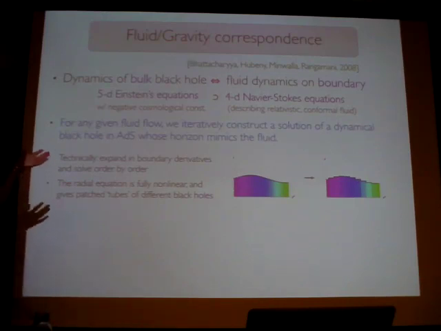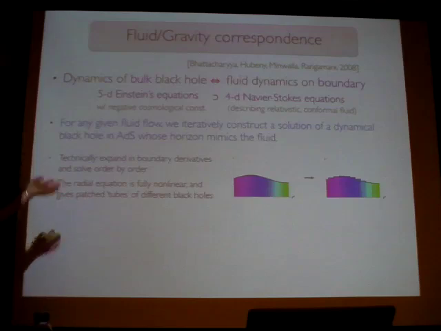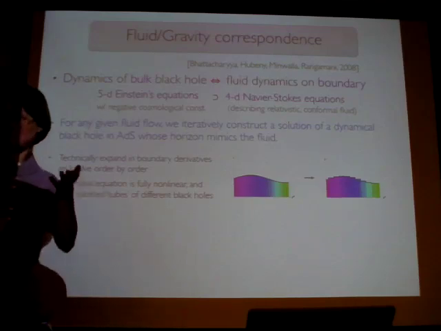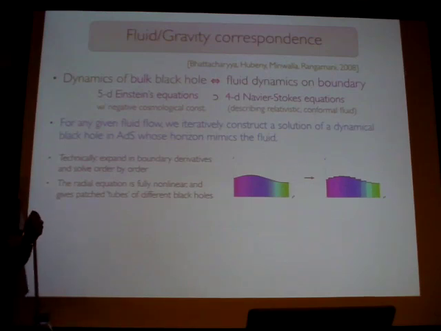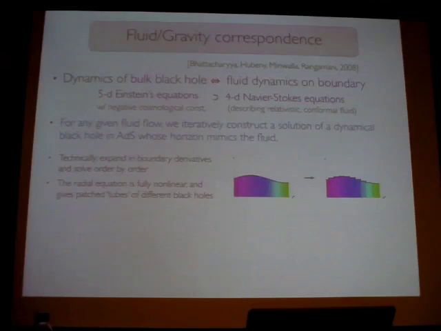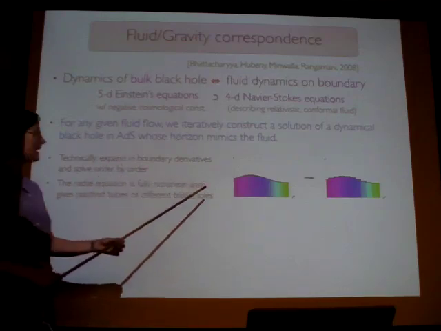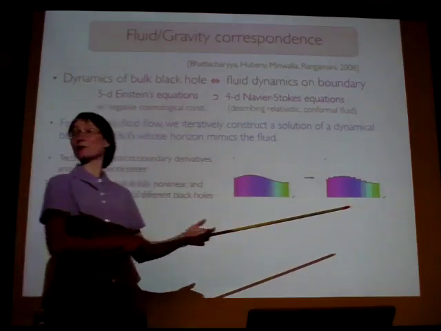So what's amazing is that we can actually get an approximate solution to arbitrary accuracy by the following trick. We use the fact that we have slow variation in the boundary directions, and we can expand Einstein's equations in boundary derivatives.